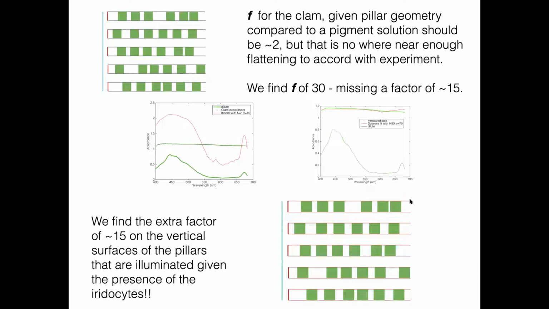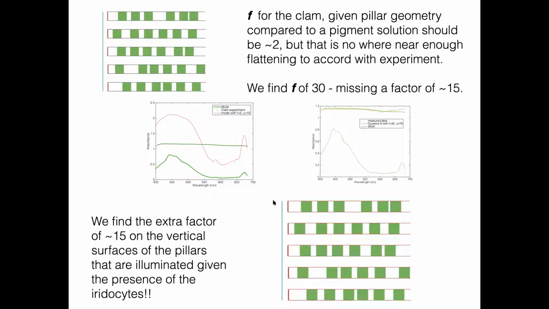Lo and behold, it turns out that it's about exactly a factor of 15 to consider the long surfaces of the pillars in addition to the tips of the pillars. So that breaks Doysens' model.